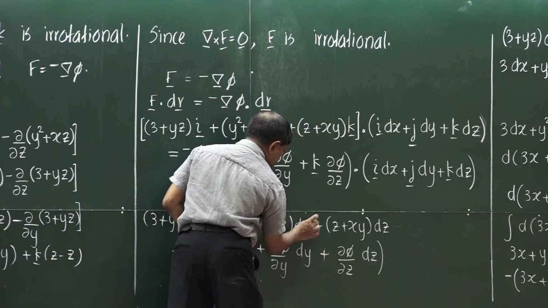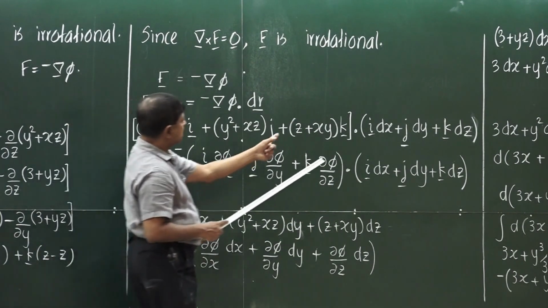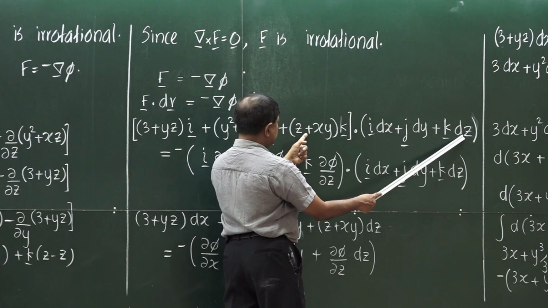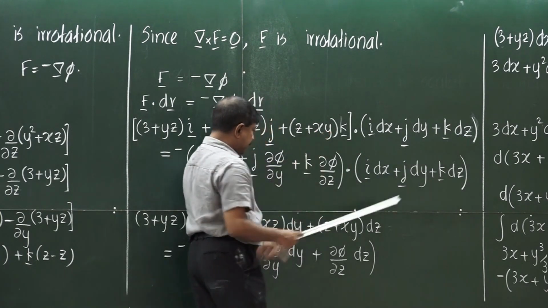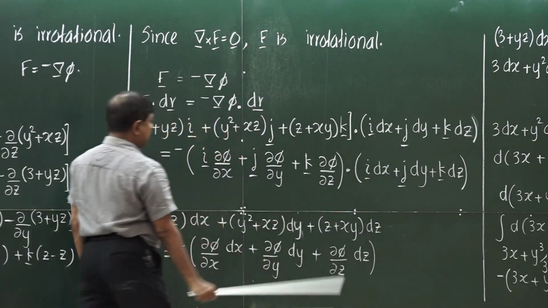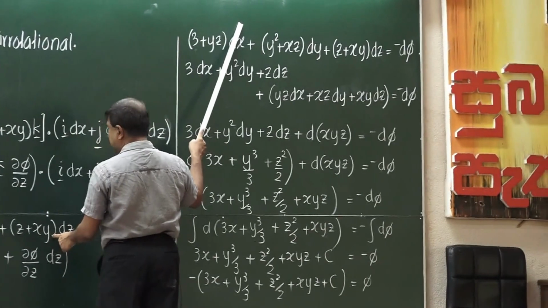I have made a mistake there. And then this times this, like k dot k is 1. So, you get z plus xy times dz. Right.